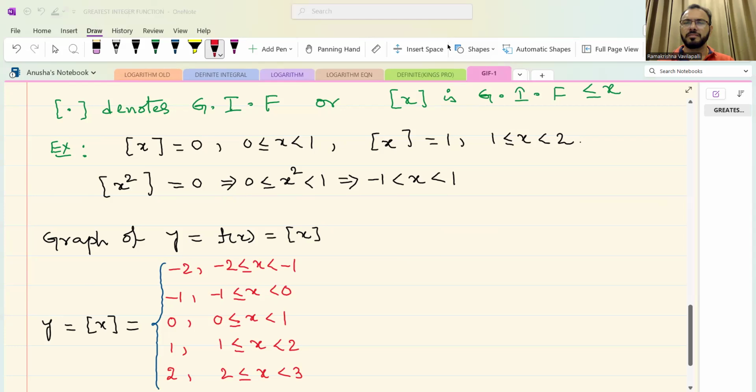Next, you try to draw the y equal to 2 line. Like that, you can draw y equal to 3, y equal to 4, etc. Now downside. For the y equal to minus 1 line, you have to draw it at minus 1, like this.